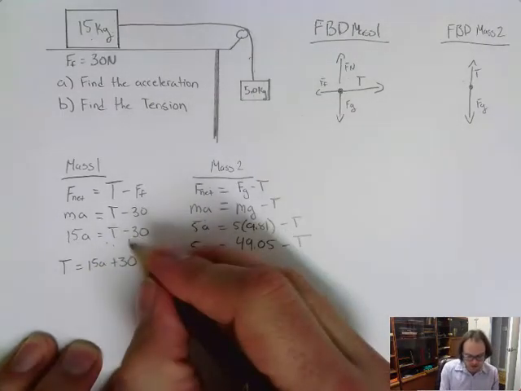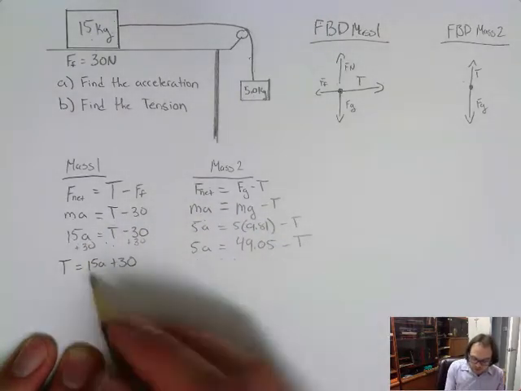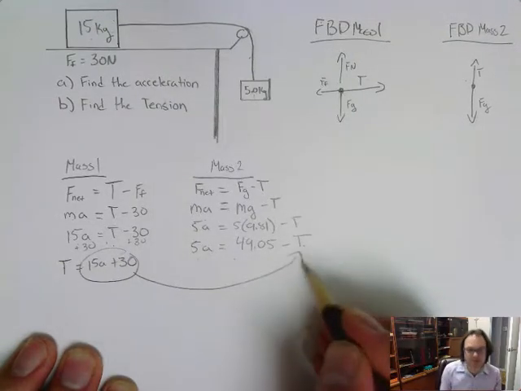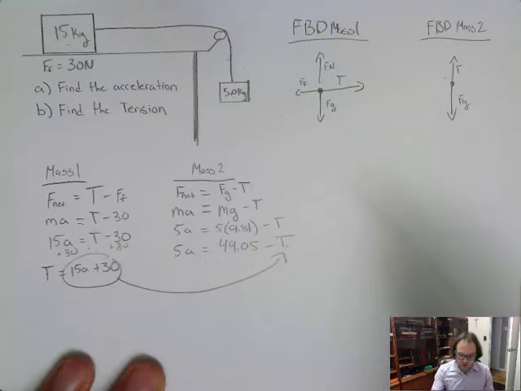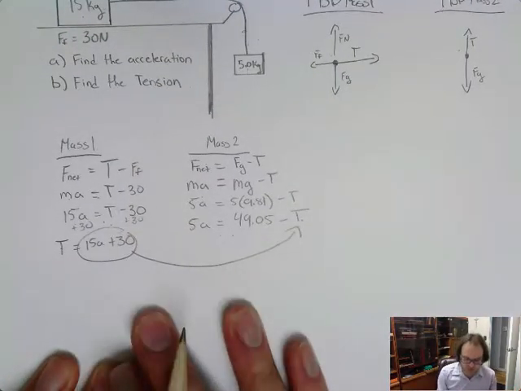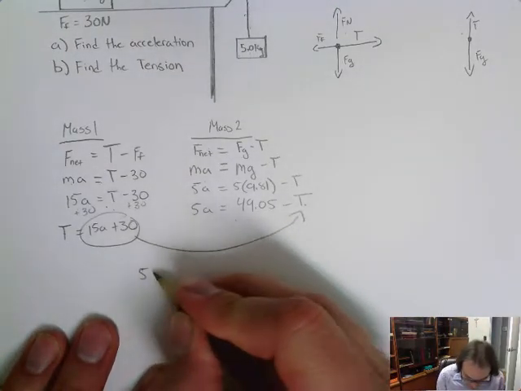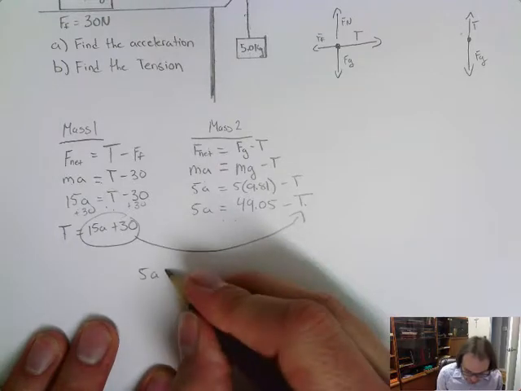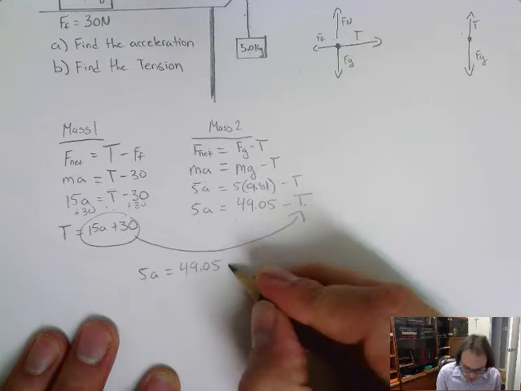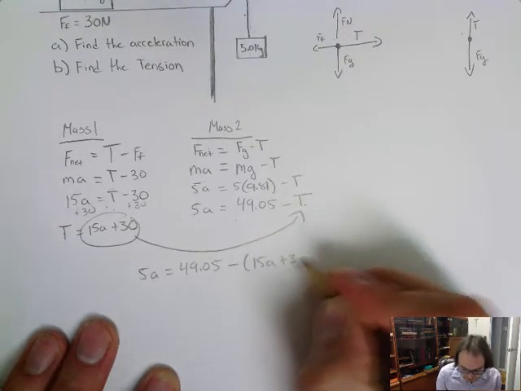Now I know that this tension is the same as that tension, so I could substitute this in for that tension. We're combining these two formulas, so I'm going to have 5 times acceleration is equal to 49.05 subtract 15 multiplied by acceleration plus 30.